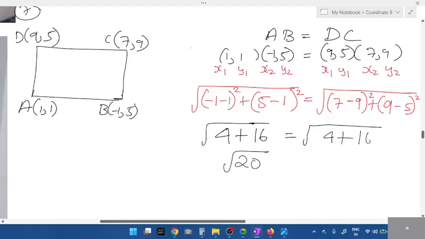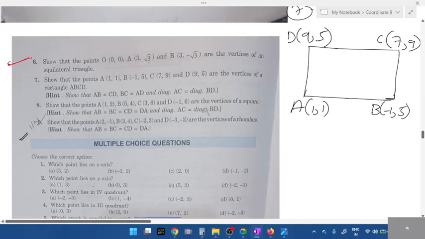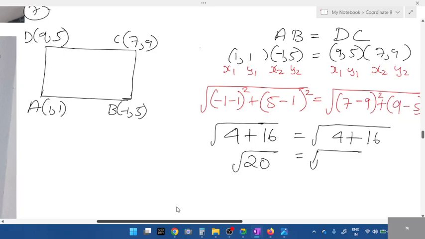Same, 4 plus 16. What is the question asked here? Have they asked us whether these points form a rectangle, or to show that these points form a rectangle? They asked us to show, right? So definitely it will be a rectangle. Students, remember, definitely it will be a rectangle, equilateral, isosceles. So write the same values. 4 plus 16 is 20. Are they equal?